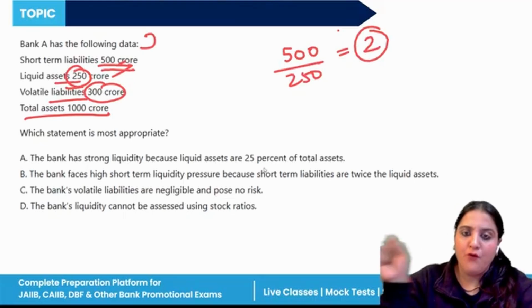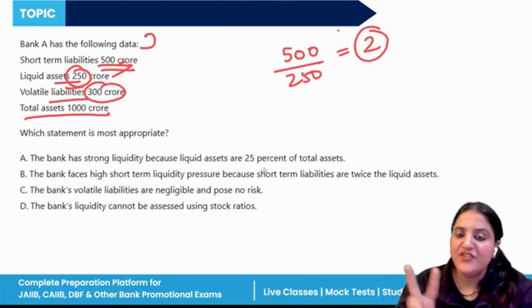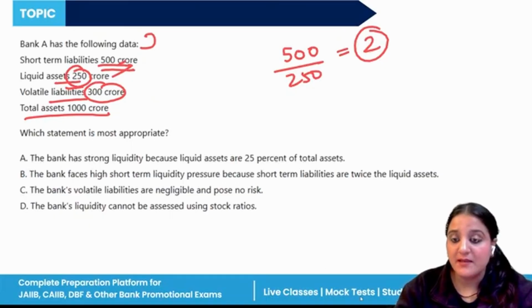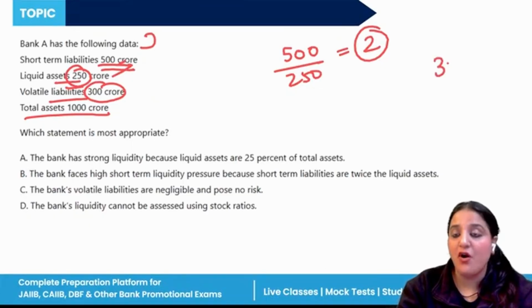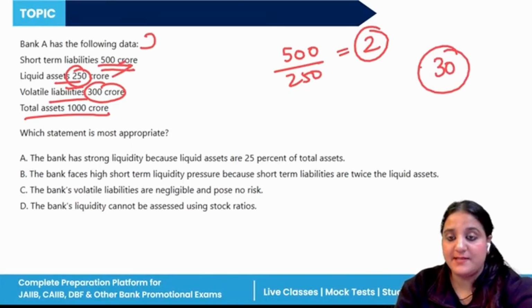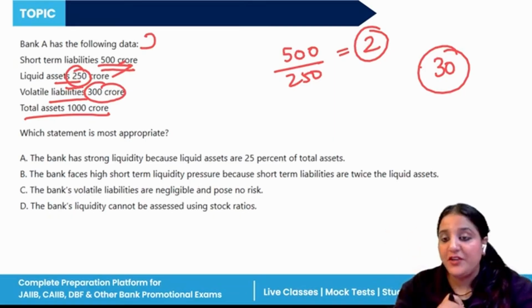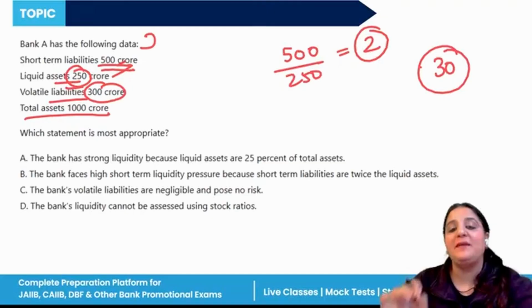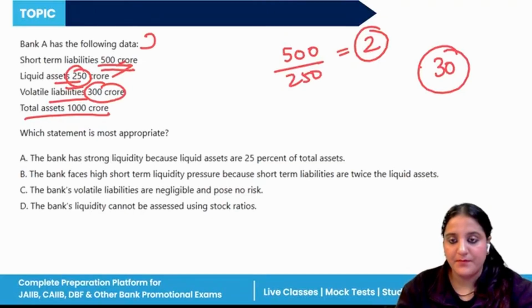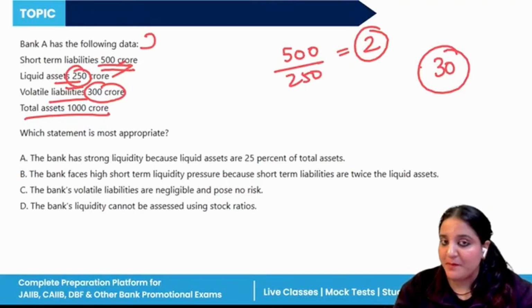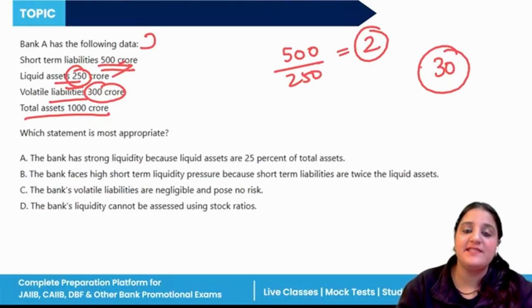So volatile liabilities are here 300 crore, which means 30% of the total assets. This is not negligible and it also indicates the risk.